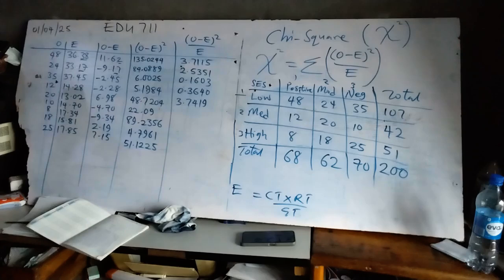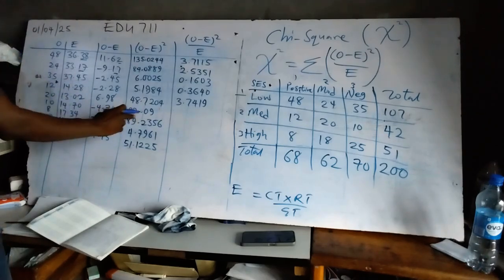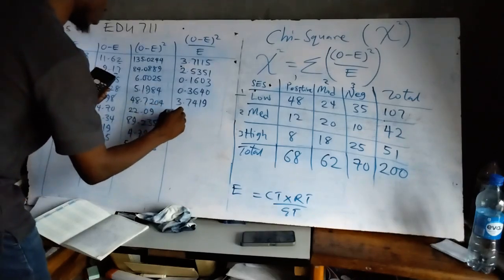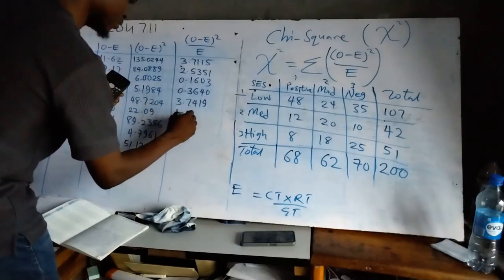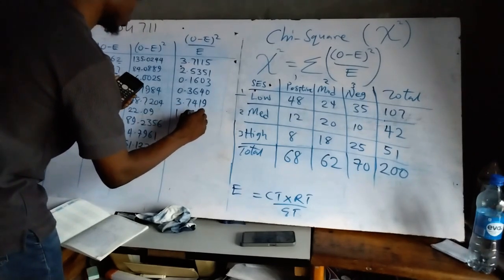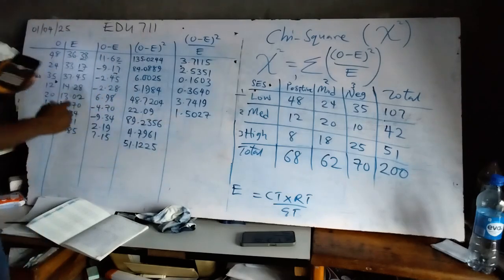Then we have 22.09 divided by 14.7, that is 1.5027.